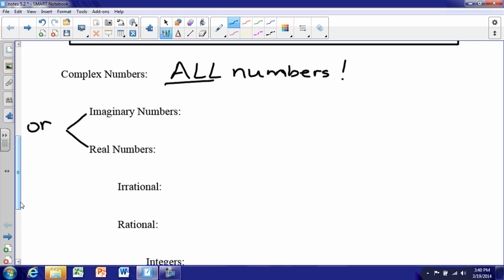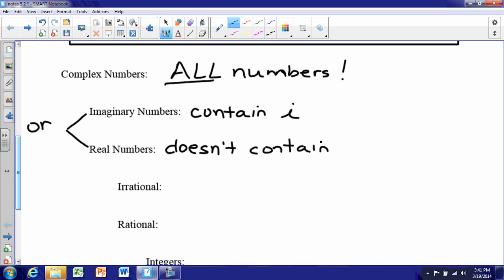And again, imaginary numbers contain i. If it doesn't contain i, it must be real. All right, that's the difference between those two.